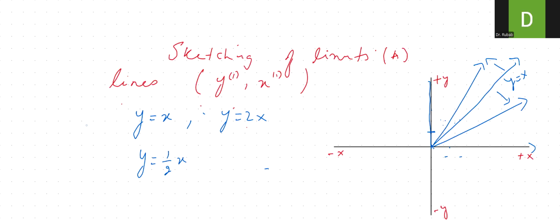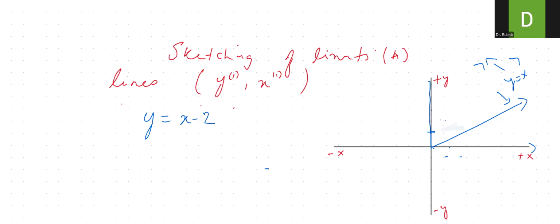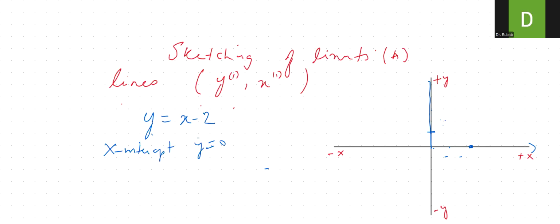There's another type of line, which is also not a straight horizontal or vertical line. When you have an equation like y = x - 2, how do you plot this line? To plot it, you consider what happens when you are standing on the x-axis. On the x-axis, you are at the x-intercept, where y is 0. You use y = 0 in this equation and you get x = 2.